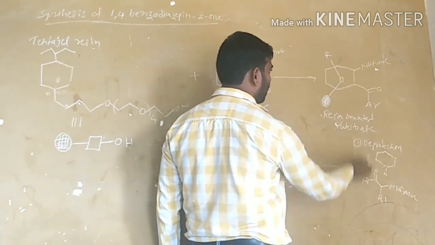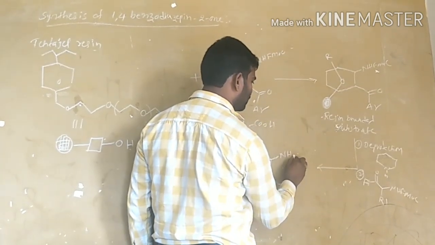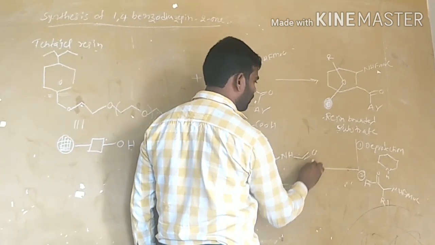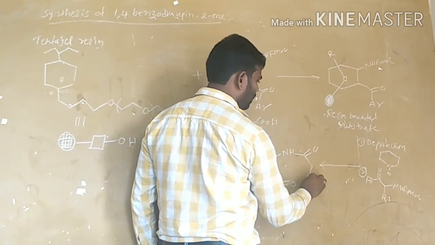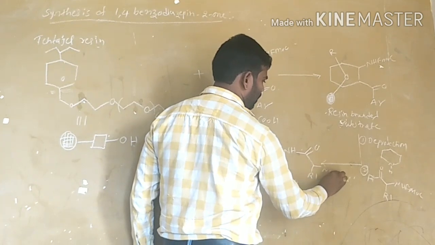With loss of HF, this substrate molecule is added to this one, producing R1, this is NH-Fmoc.